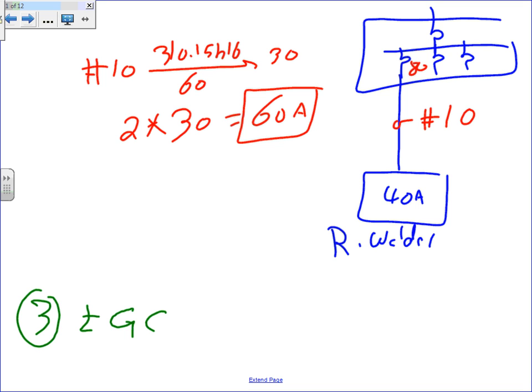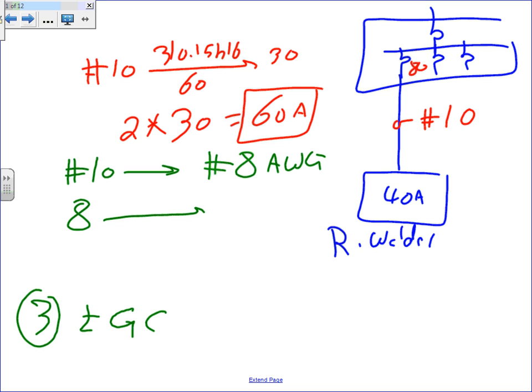99% of the time you're going to up your conductor to the next size. So this is the best. So I'm at 10. What's my next standard? 8. Let's go check 8 though. AWG. Take the 8 to 310.15 B16 under 60-degree column because I said so. And what would that give you? 40 amps.